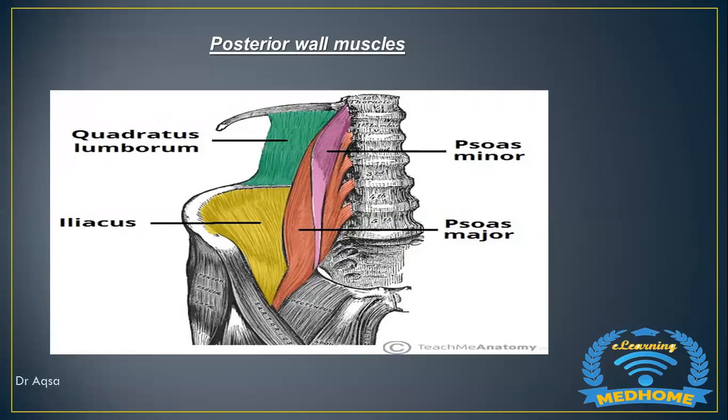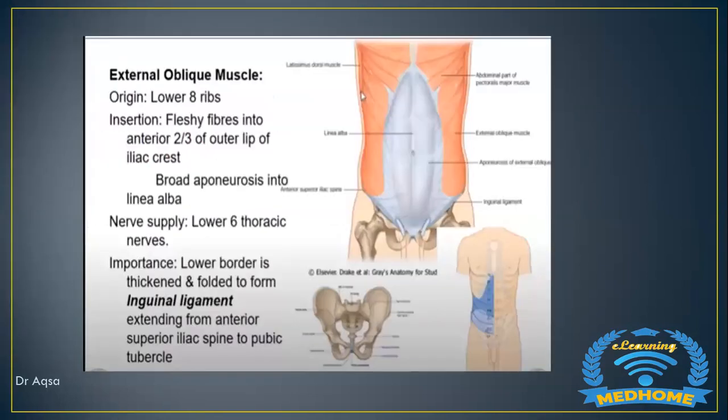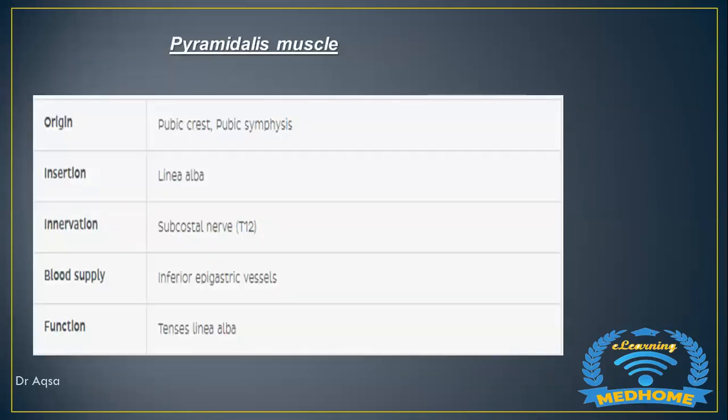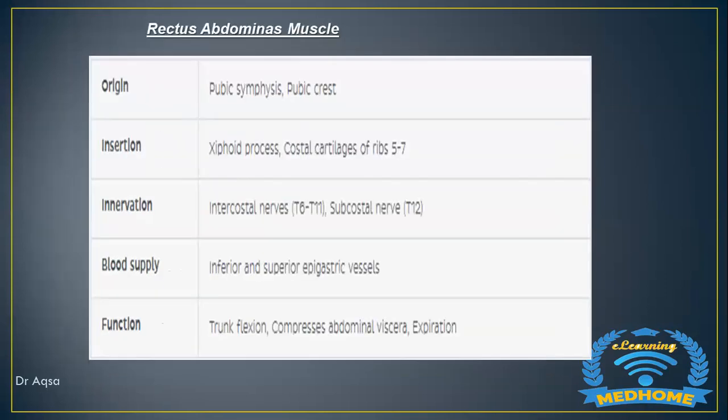In rectus abdominis, we studied that it originates from the 5th to 7th costal cartilages, and it is inserted on the pubic crest. Its nerve supply is from T6 to T12, and its function is flexion of the trunk. Yes, excellent, brilliant.